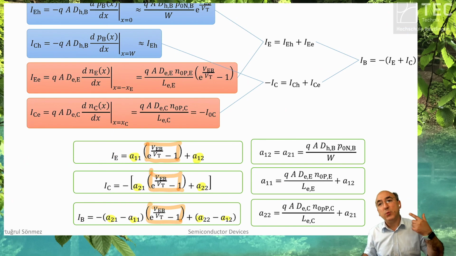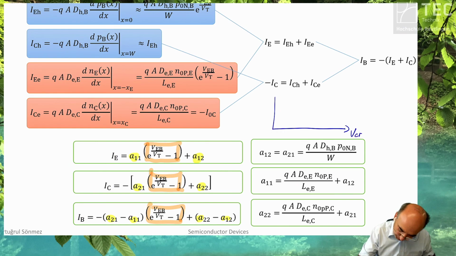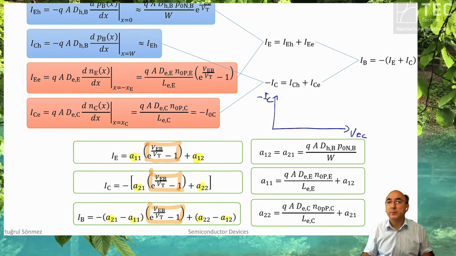So that's the way of calculating the transistor current in the case, now, in the case V emitter, that's a PNP transistor, V collector emitter, the emitter collector in this case.